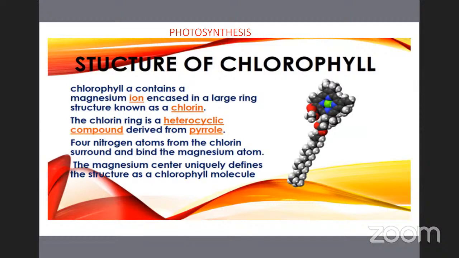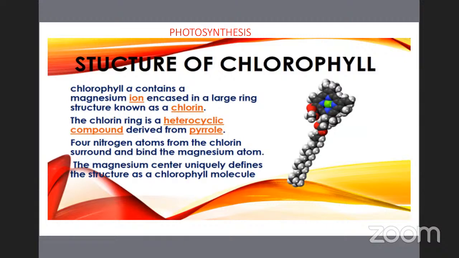So we have to know the structure of chlorophyll because it is an important pigment to perform photosynthesis. Here is the chlorophyll molecule and its structure. It looks like a head with a tail, isn't it? So this head portion is made by what, and this tail portion is made by what? We should know the details.